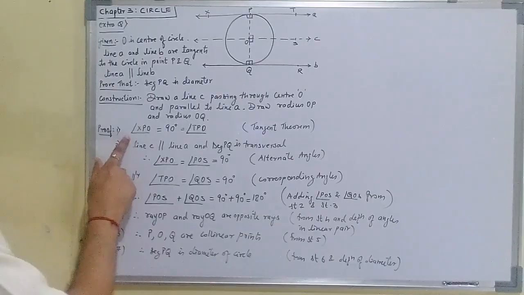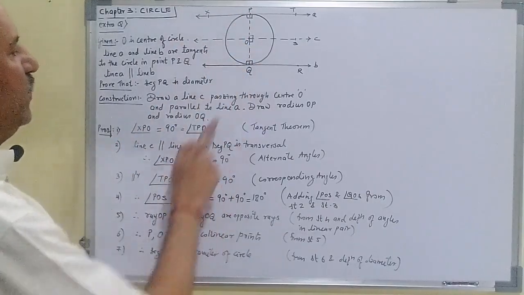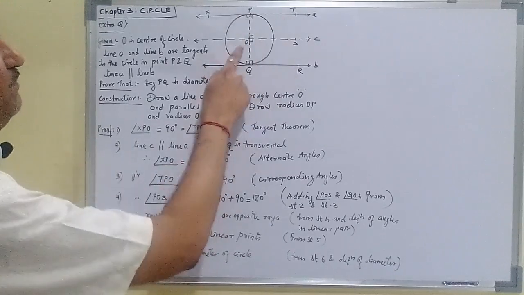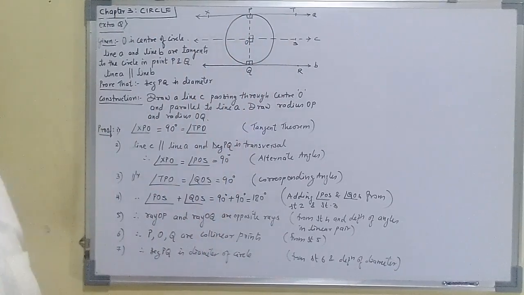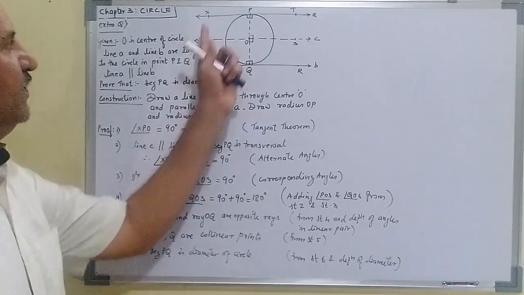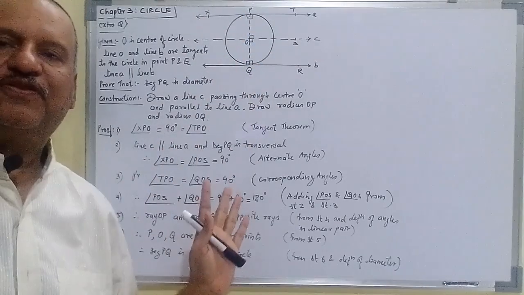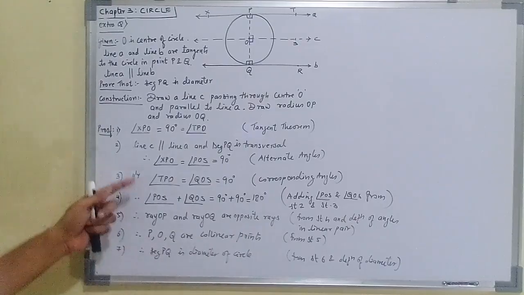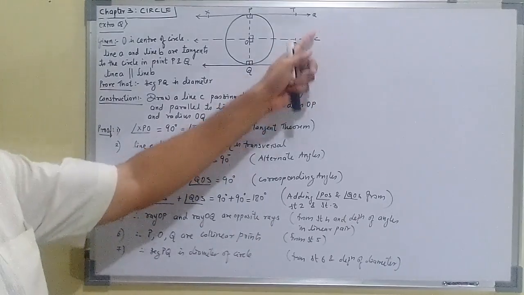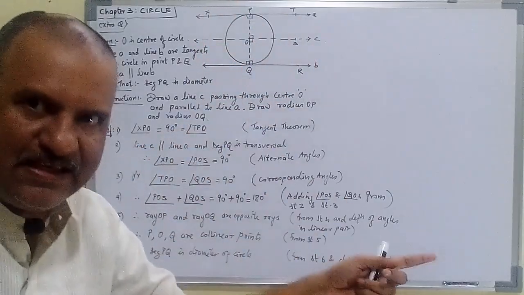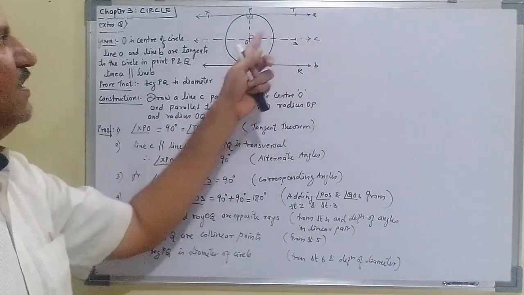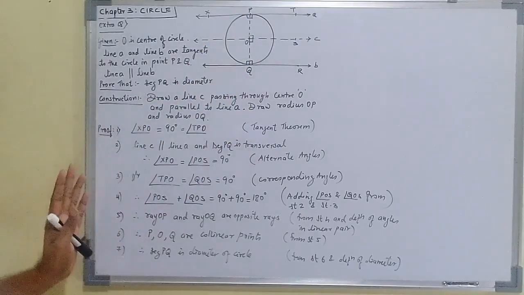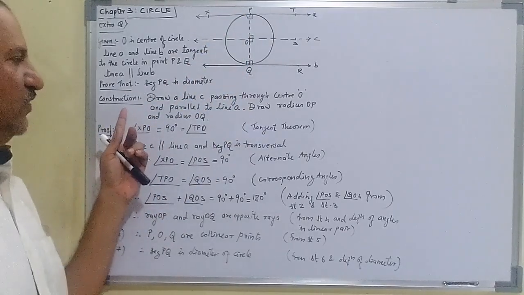The first statement says angle XPO equal to angle TPO equal to 90. This is the tangent, this is the radius, so it is the tangent theorem. Now we know line C is parallel to line A cut by transversal PQ. This is from construction only.